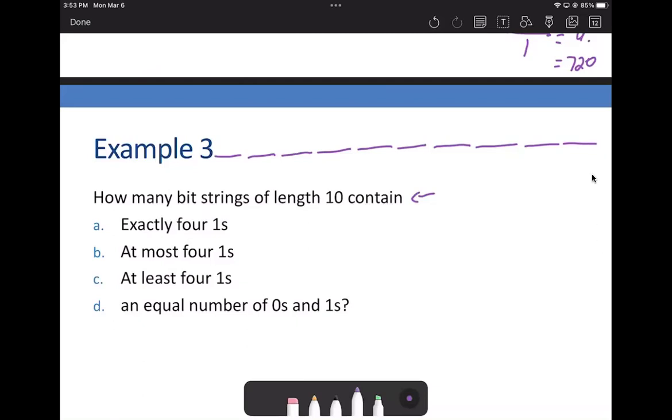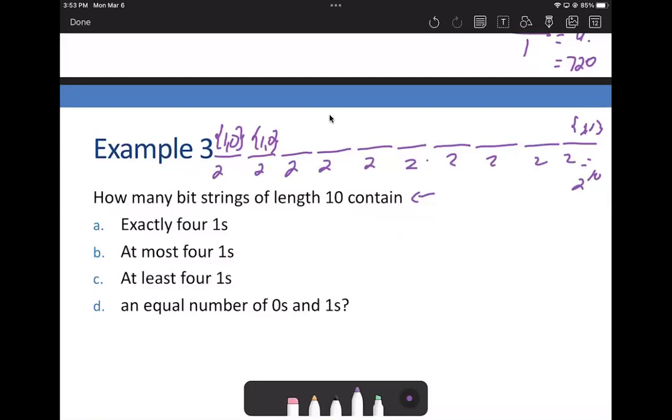Do you remember? Any guesses? This will be 2 raised to 10. Tama. Very good, guys. It's 2 raised to 10, ones and zeros, because each position could be either 1 or 0. So each has 2 possibilities. So this will be equivalent to 2 raised to 10. Right? So gagamitin natin yan later.